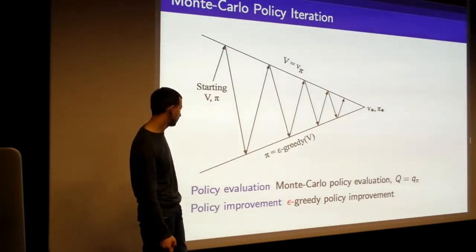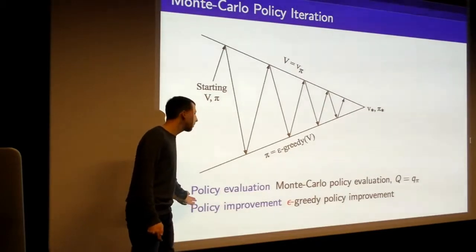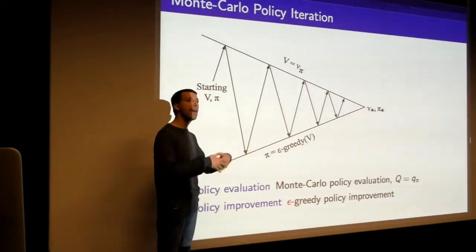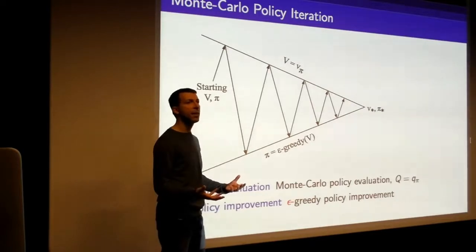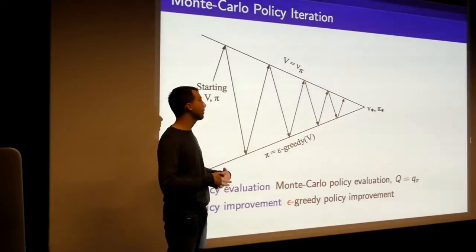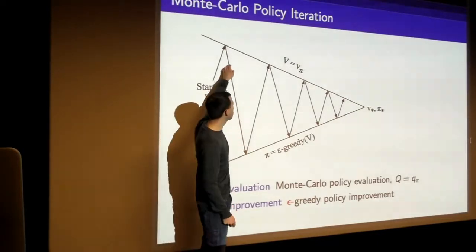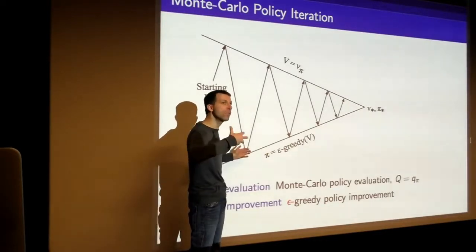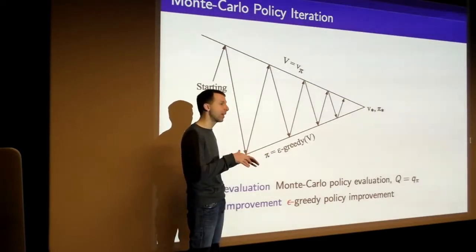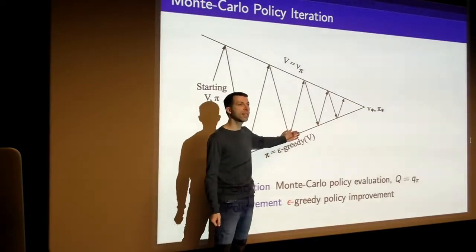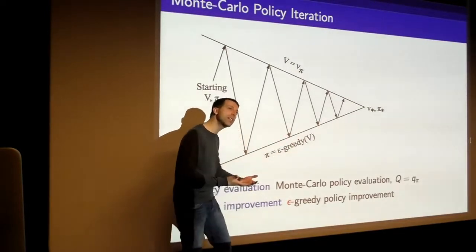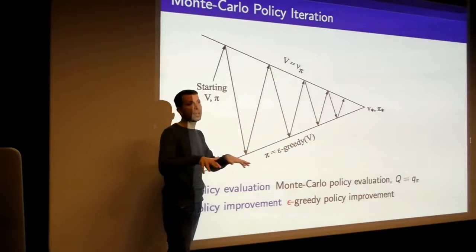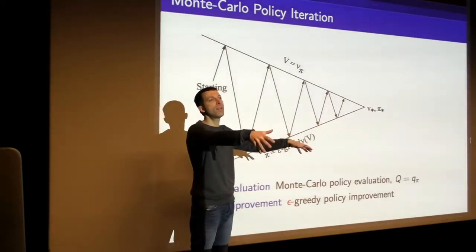But now, we've also changed our policy improvement procedure to use this epsilon greedy policy improvement, where we basically have this softening of the greedy idea. Every time we go down, we're not getting to the completely greedy policy, we've got a little bit of exploration left. So the policy is always stochastic, and that stochasticity ensures that we, at some rate at least, explore everything in the environment.